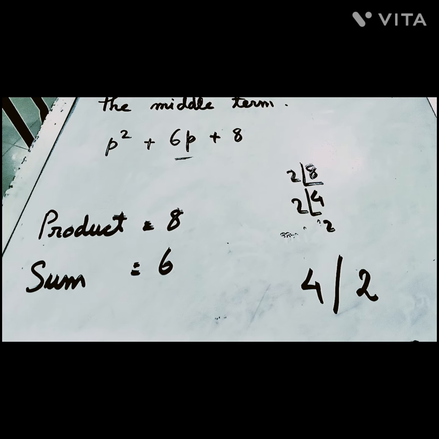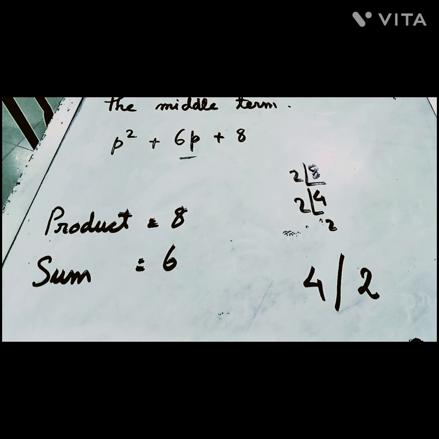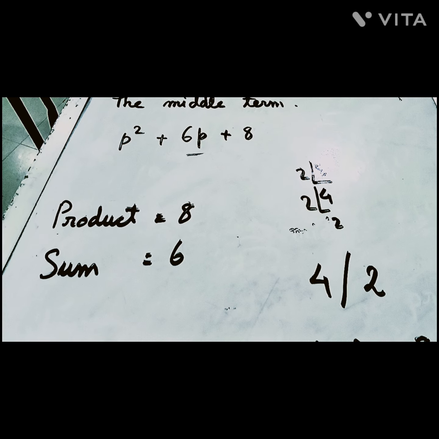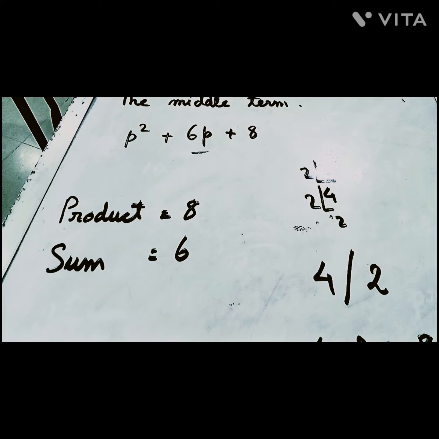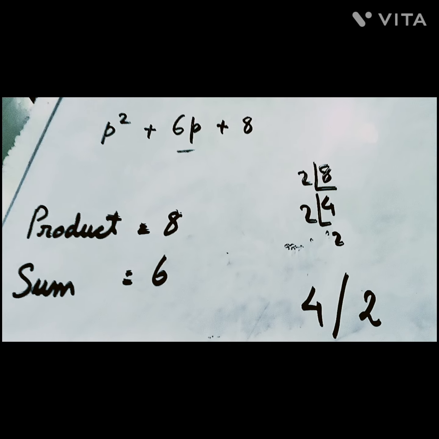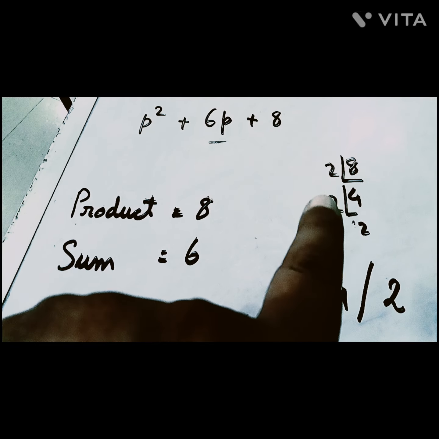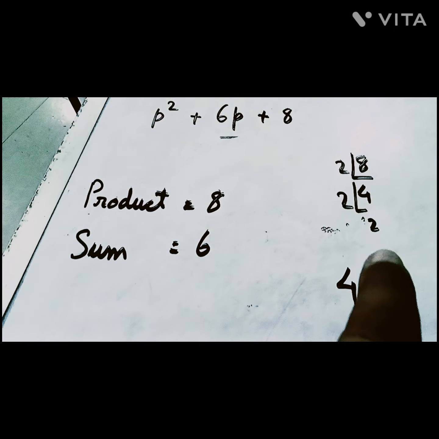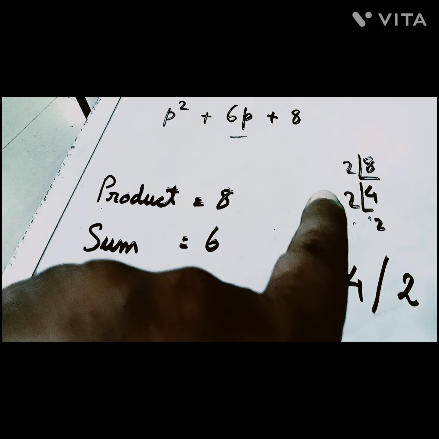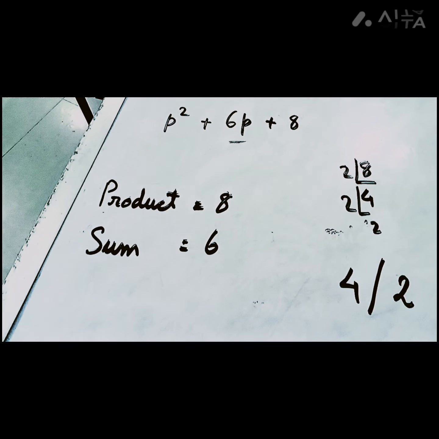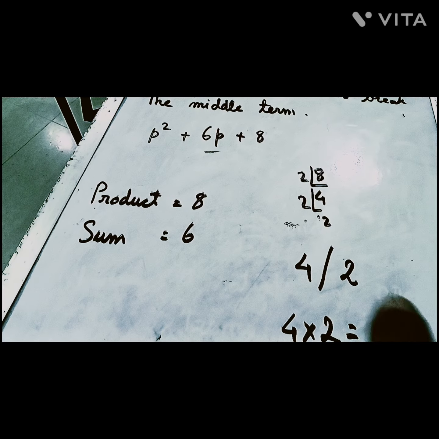As I just said, we have to find two numbers which will satisfy product 8 and sum 6. So we will factorize the product 8. If I factorize 8, we get 2, 2 and 2. So 2 into 4, 4 into 2, 8. So two numbers can be 4 and 2.